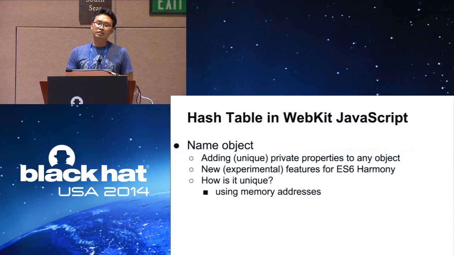For the WebKit case, it gets a little bit complicated. What we did is that we took advantage of the Name object. This Name object adds a unique private property to any object. This was a new experimental feature for ES6, so-called Harmony. Because the specification says this object has to be unique, they were using the memory addresses.